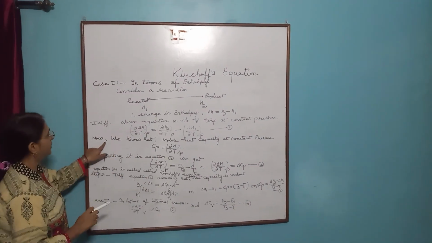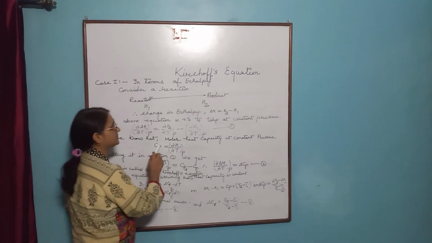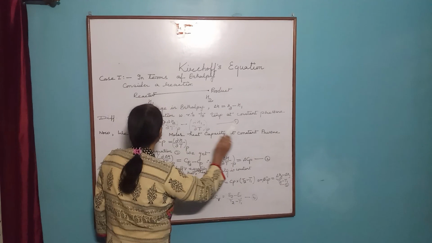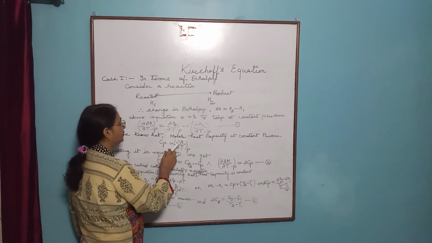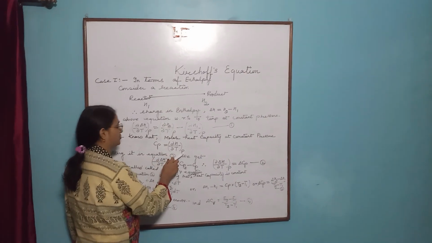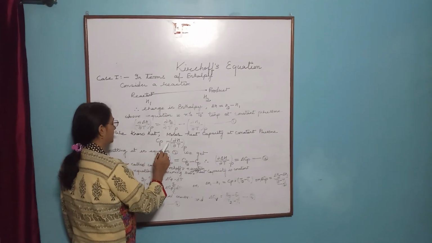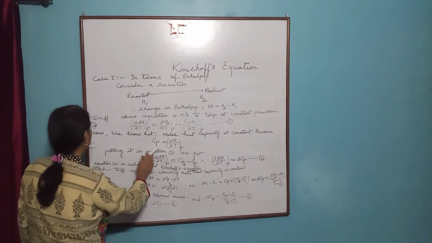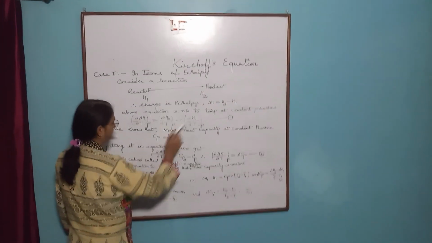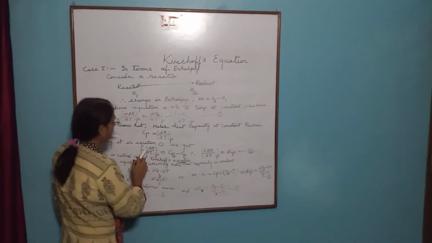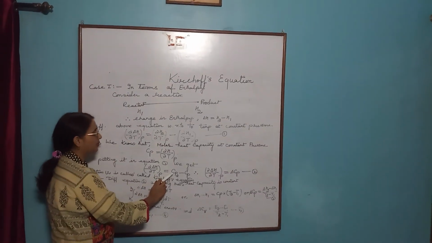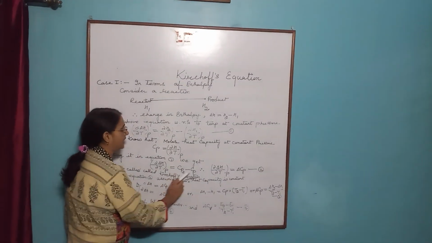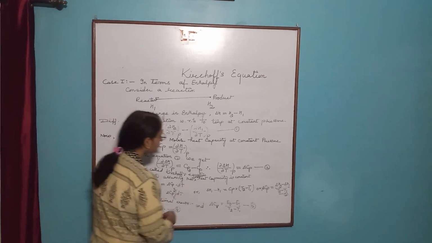Now, we know that the molar heat capacity at constant pressure is Cp, and Cp is equal to ∂H/∂T at constant pressure. Now, putting this value in equation 1, d(ΔH)/dT at constant pressure equals Cp2 minus Cp1.